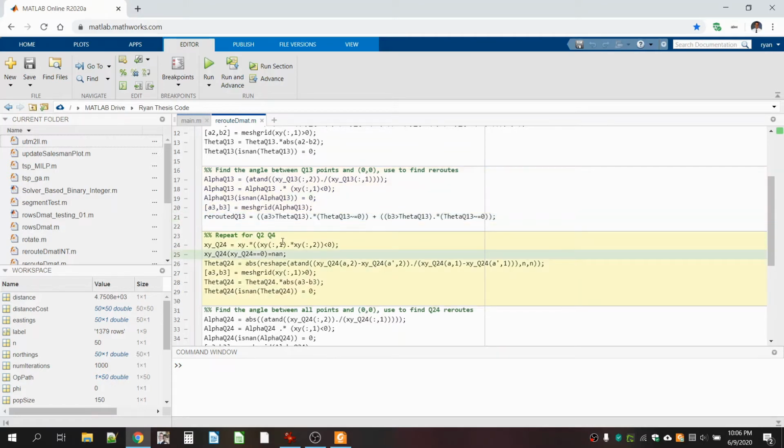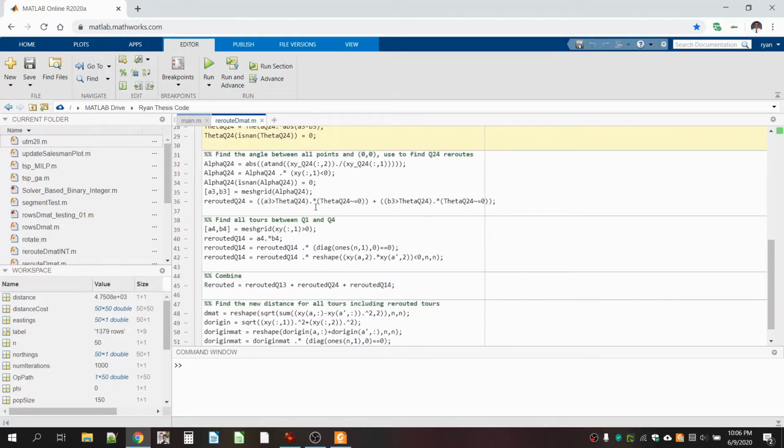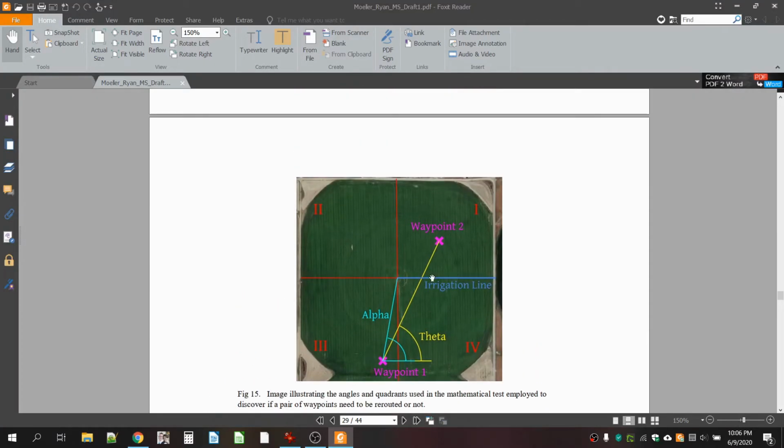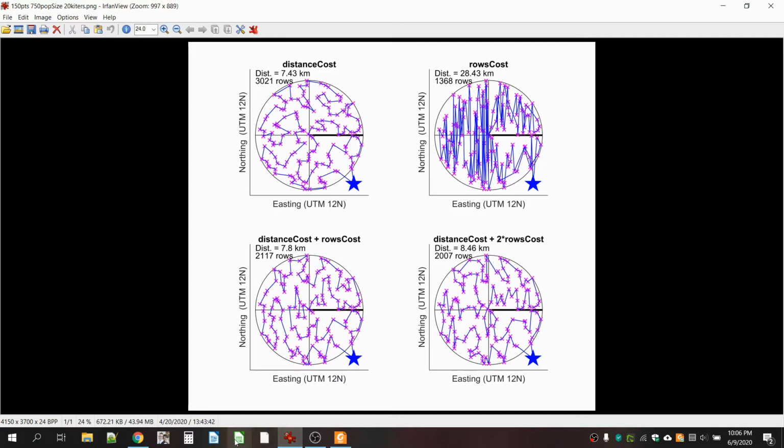Now I'm going to repeat the whole process, but for quadrants 2 and 4, it's very similar. You just have to switch a couple things around. That's same here. Now quadrants 1 and 4, as you can see, all of them need to be rerouted.